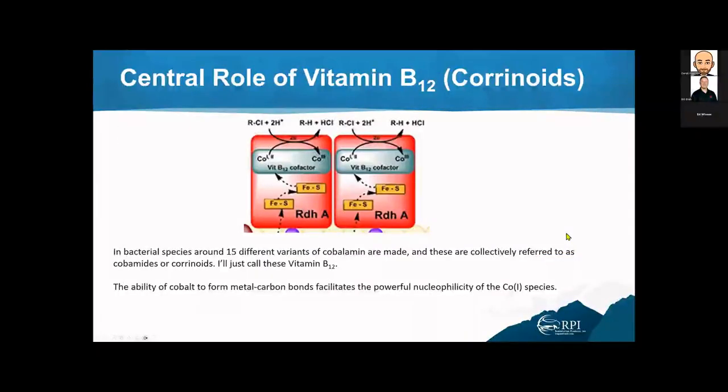So the central role of vitamin B12. In bacteria, there are probably 15 different variants of this cobalamin, this B12, that are made, and they have names. That's not important. We'll call it vitamin B12. It's the core ability of cobalt to form that metal-carbon bond that allows the dehalogenation of the compounds of interest.